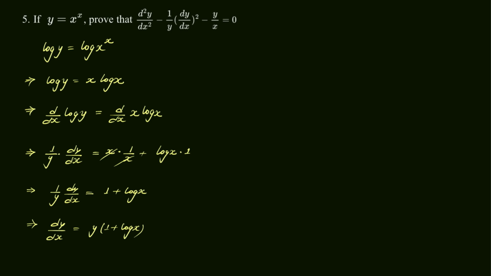Now in order to get the value of d²y/dx², let us again differentiate both sides with respect to x. Then we will have d/dx of dy/dx equals d/dx of y into (1 plus log x).